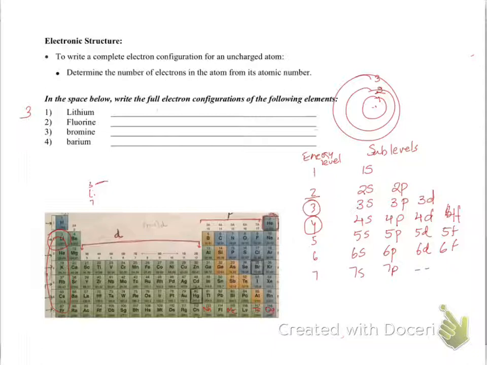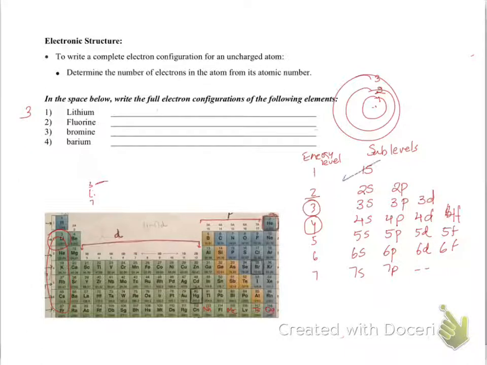Now electrons love to stay close to the nucleus because the nucleus has protons positively charged, electrons negatively charged, so opposite charges attract each other. So we always fill the lower energy level first, followed by the higher energy level. So this is the lowest energy level, 1s.